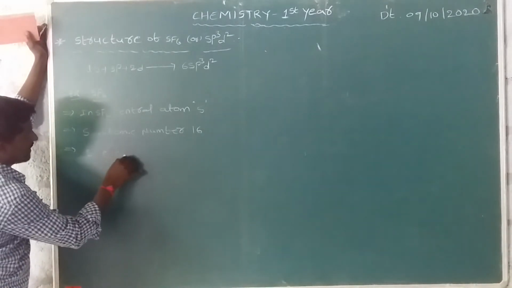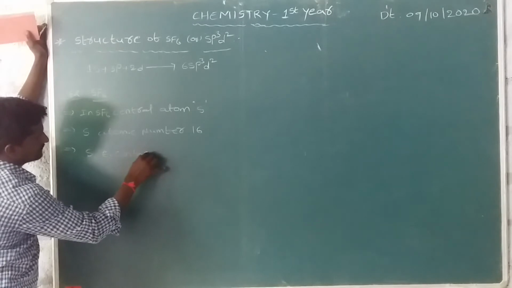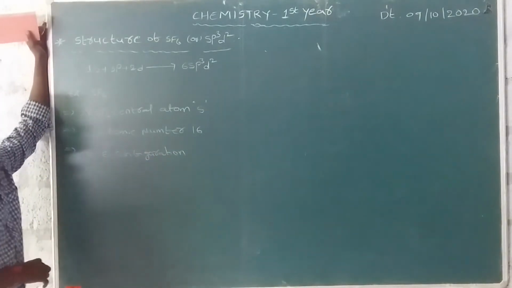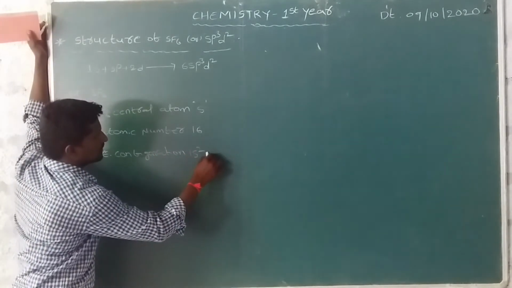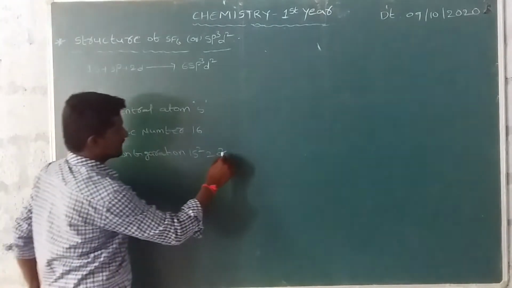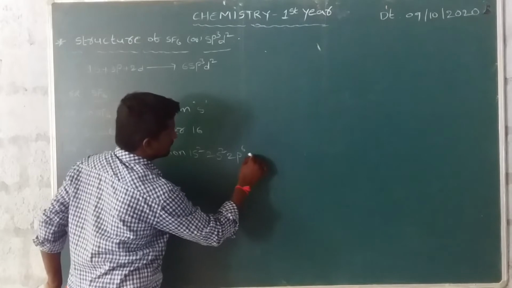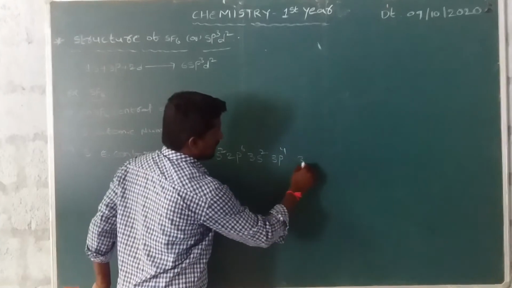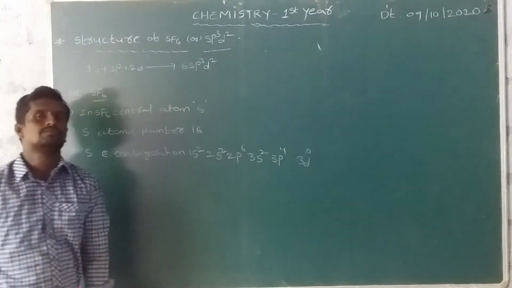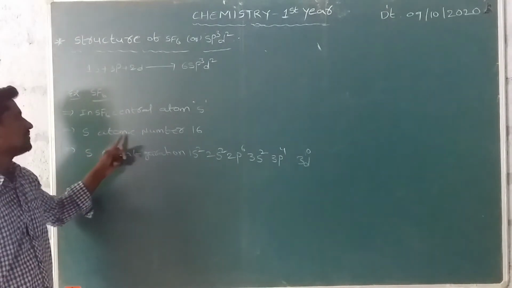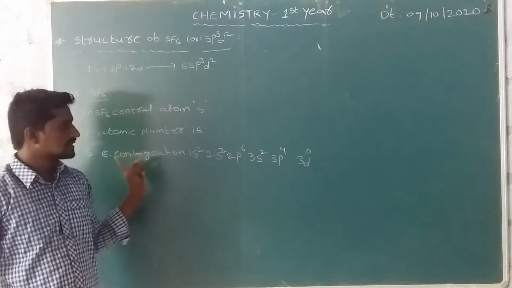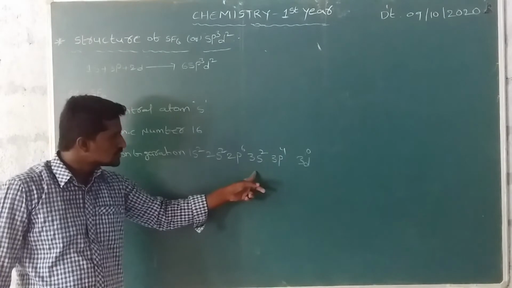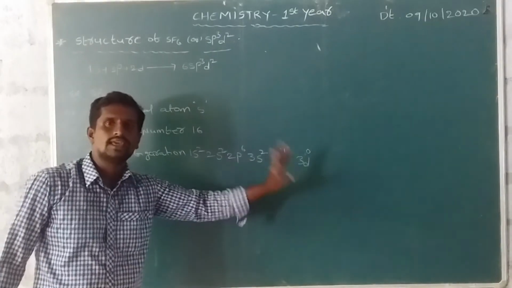Sulfur electronic configuration: 1s2, 2s2, 2p6, 3s2, 3p4 and 3d0.